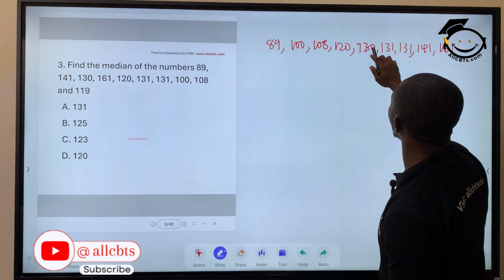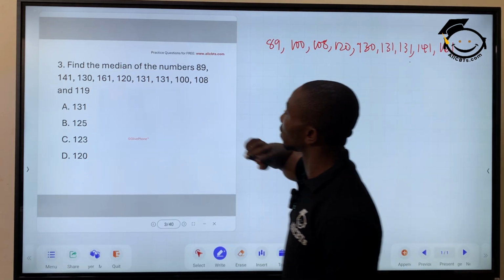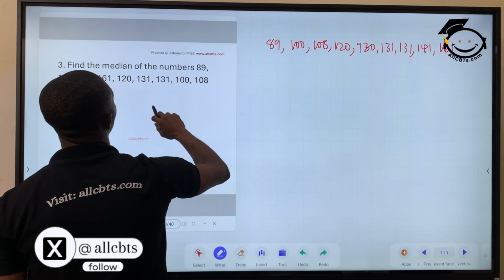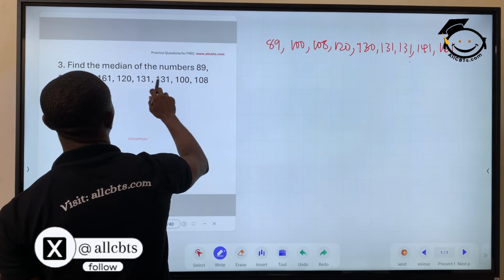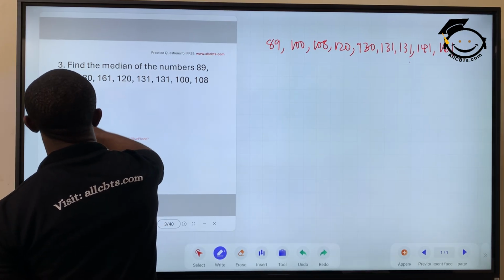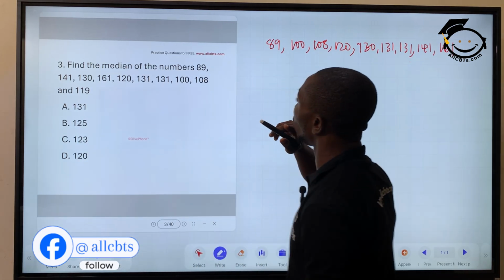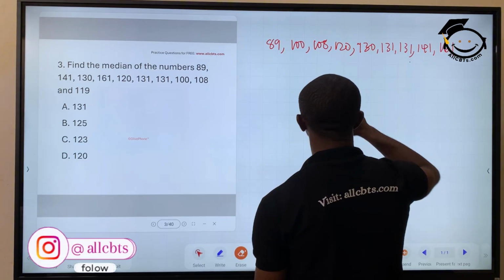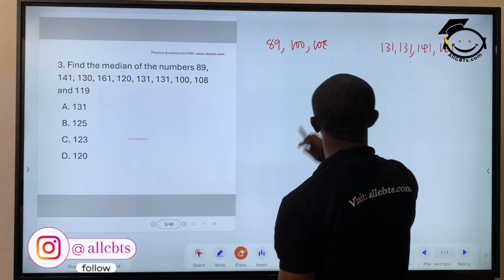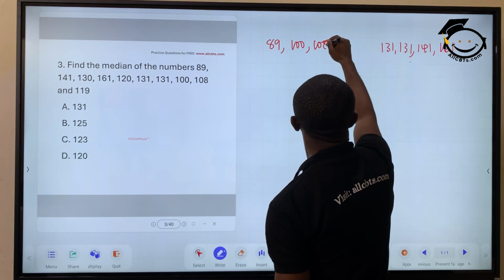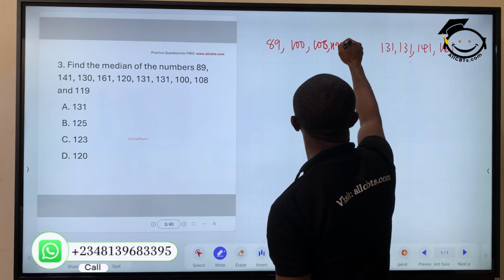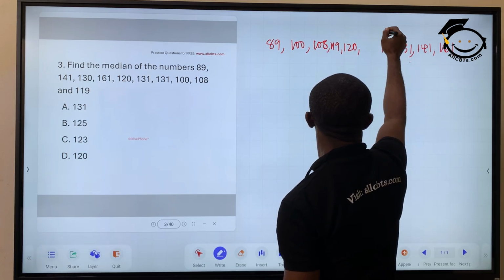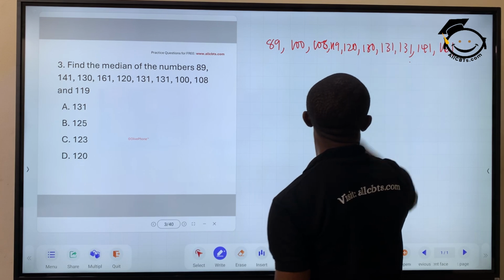Then 119 comes before 120. So we have 108, 119, 120, and 130.